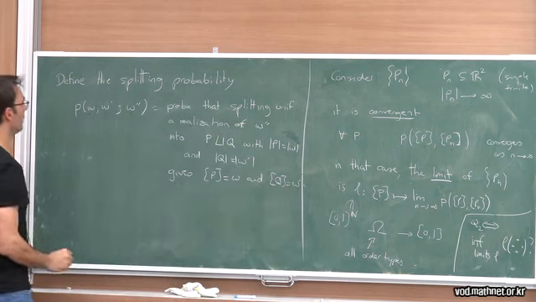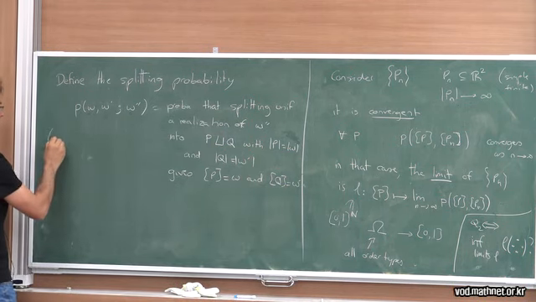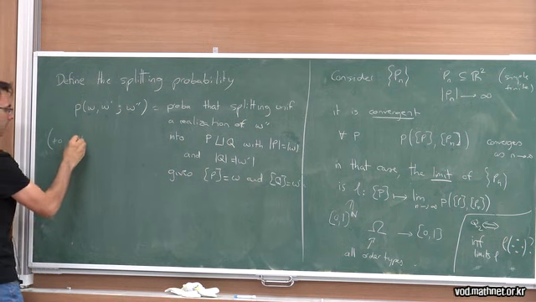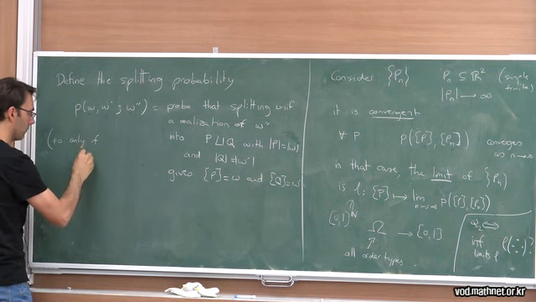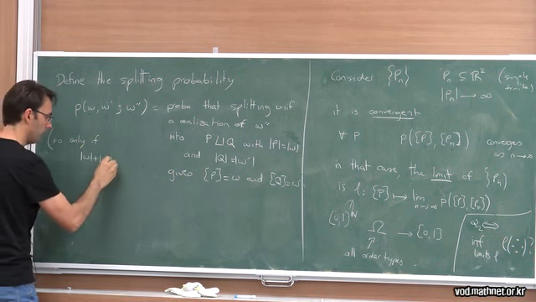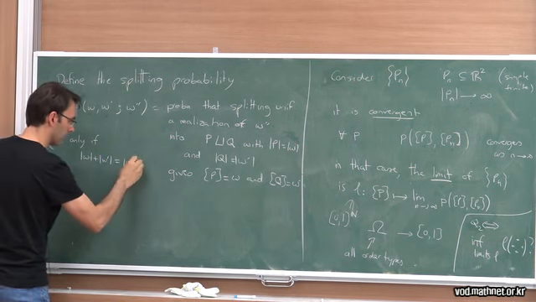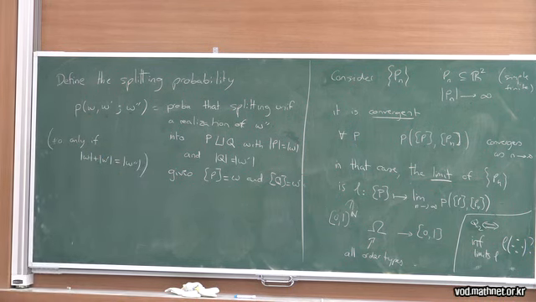Yeah. So in particular, this is non-zero only if the size of omega plus the size of omega prime is equal to the size of omega second. Okay?